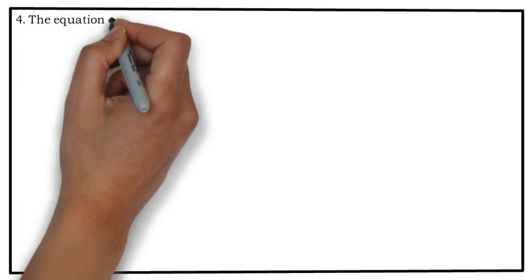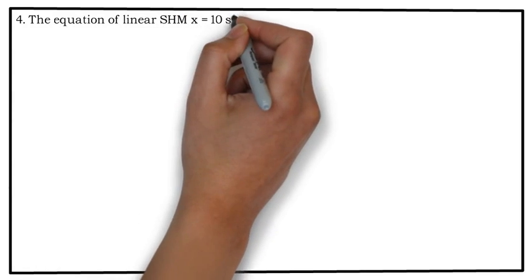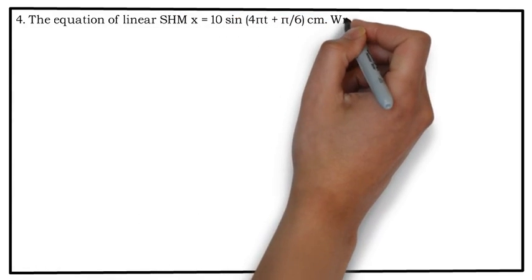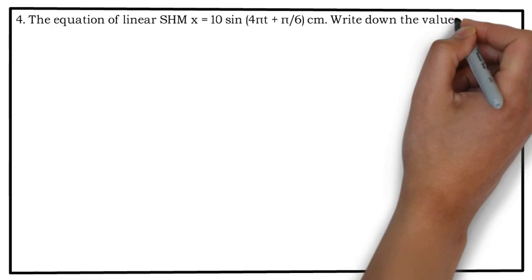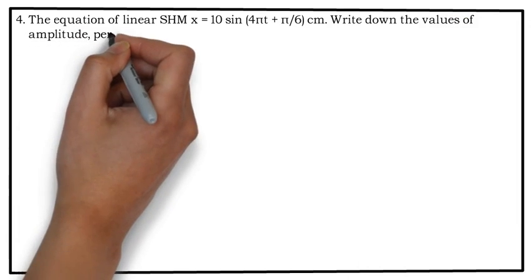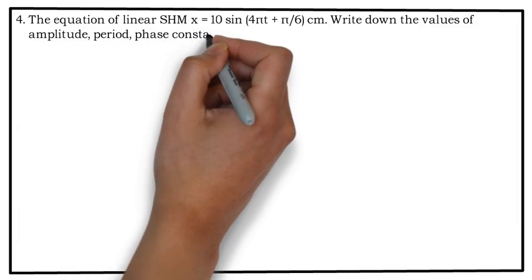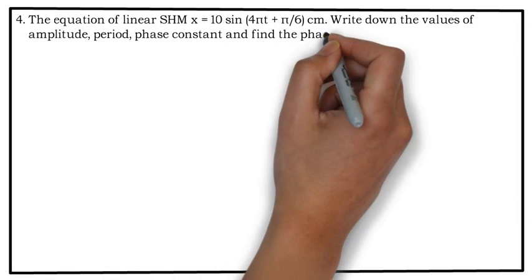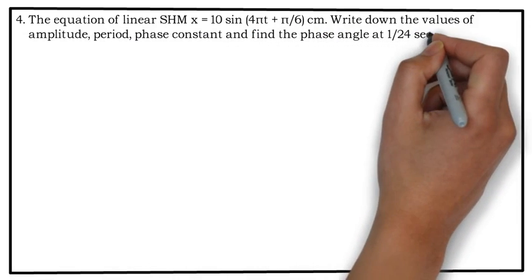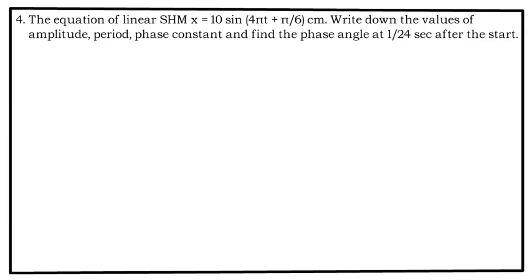Problem number 4. The equation of linear SHM is x is equal to 10 sine 4 pi t plus pi by 6 centimeter. Write down the values of amplitude, period, phase constant, and find the phase angle at 1 by 24 seconds after the start.